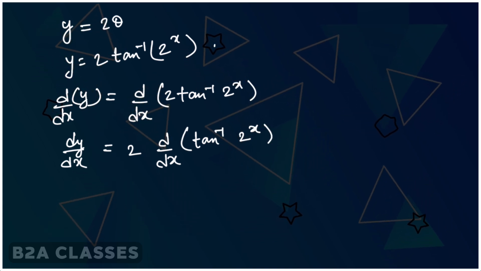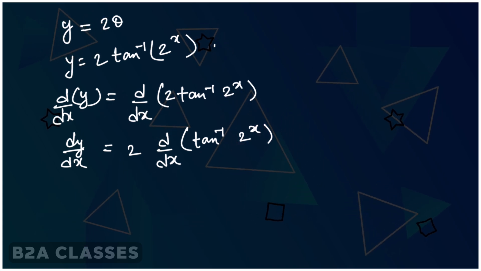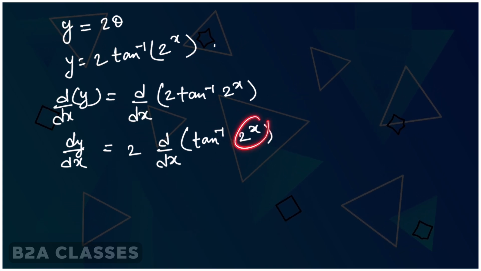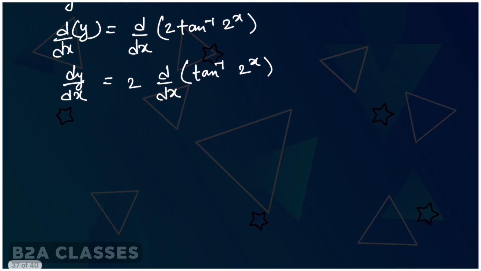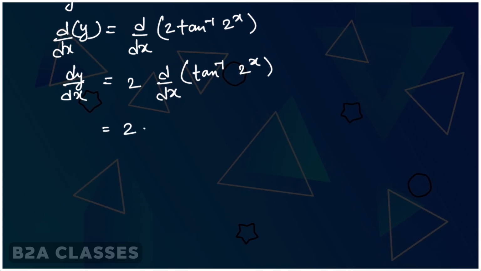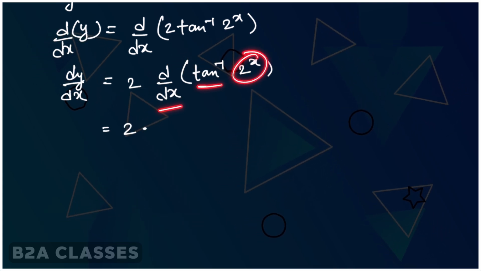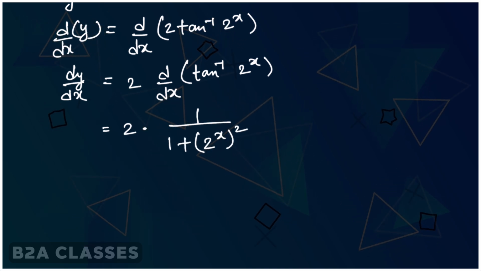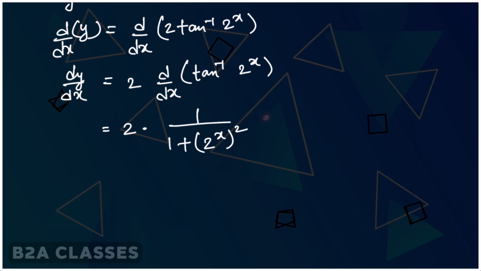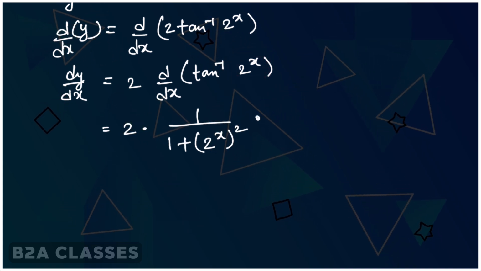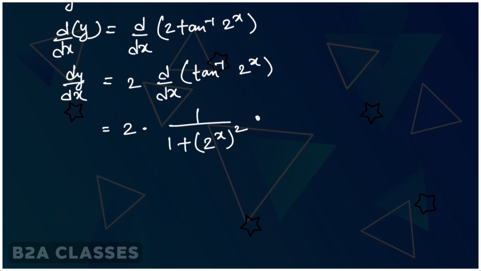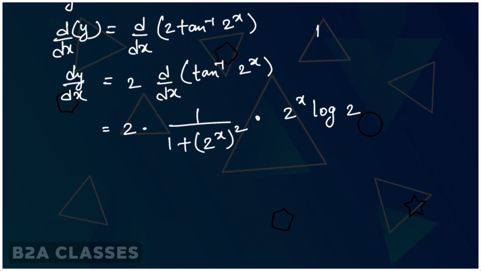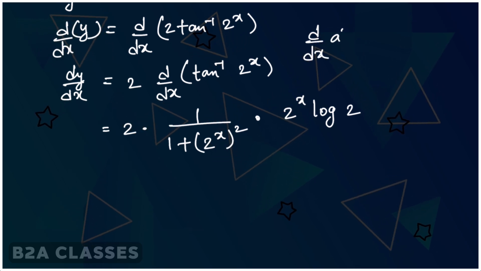Here we will apply the formula for the derivative of tan inverse x. Here we will use the chain rule. For that we will assume 2 power x as x. We assume this whole thing as x. So 2 into derivative of tan inverse x is 1 upon 1 plus x squared, into, because we had assumed this as x, derivative of 2 power x, which is 2 power x log 2. Here I have used the formula for the derivative of a power x.